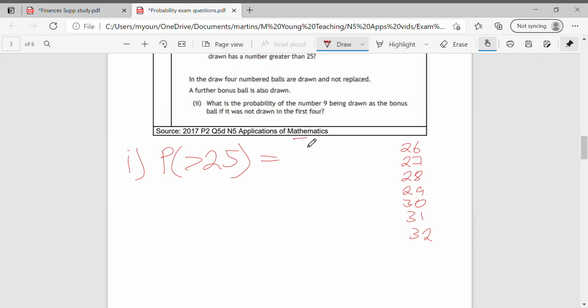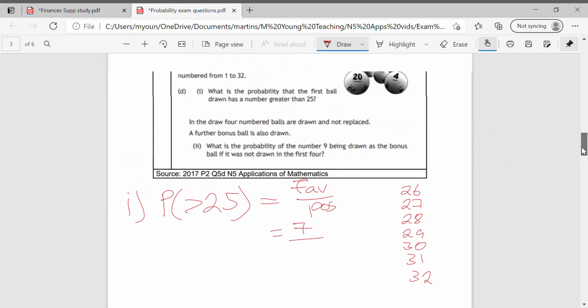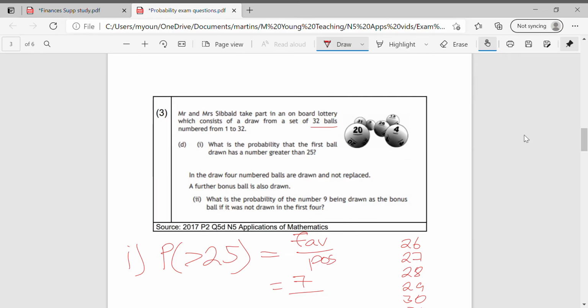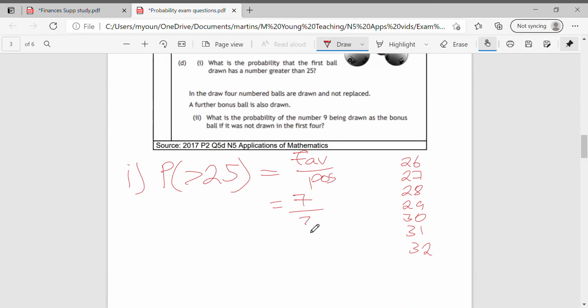And remember, just to write it down again, probability is favourable over total number of possibilities. Favourable just means the thing you're interested in. In this case, we're interested in winning. So it's going to be 7, and the total number of possibilities, there's obviously 32 in total. So nice and easy, that's 7 out of 32.